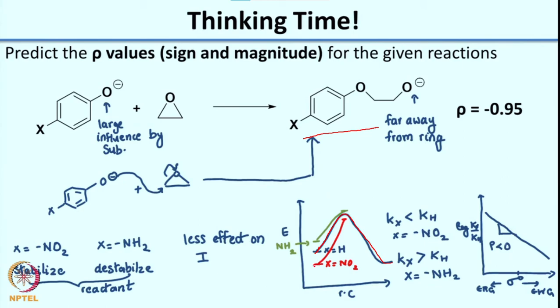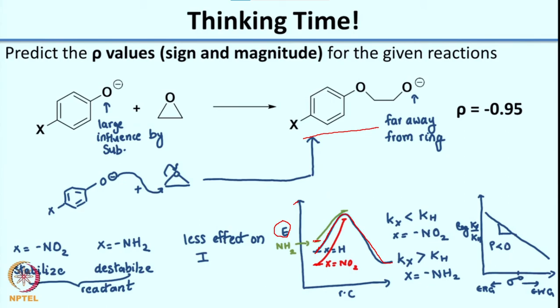That means energy will become lower. The Y scale is our energy. So energy will be low, while in the case of the electron rich group, the stability will be less. That means the energy will be higher, right? So this is the energy of the electron releasing group.